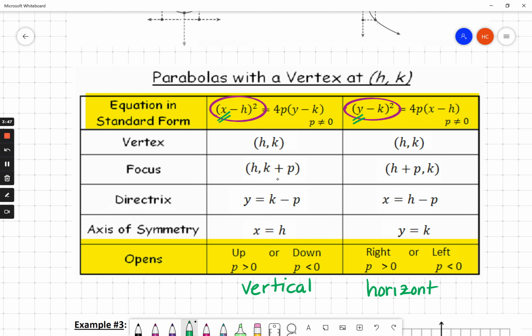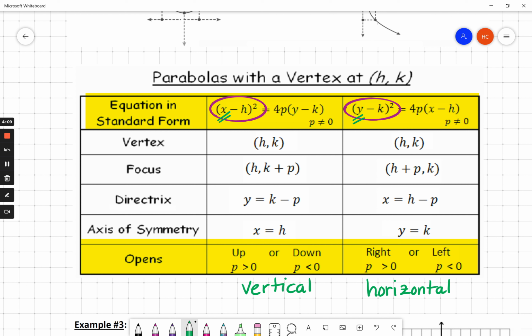In other words, the parabola is going to either open right or left. Whether it opens right or left is determined by the p-value, and I will introduce what that p-value is in the following example.